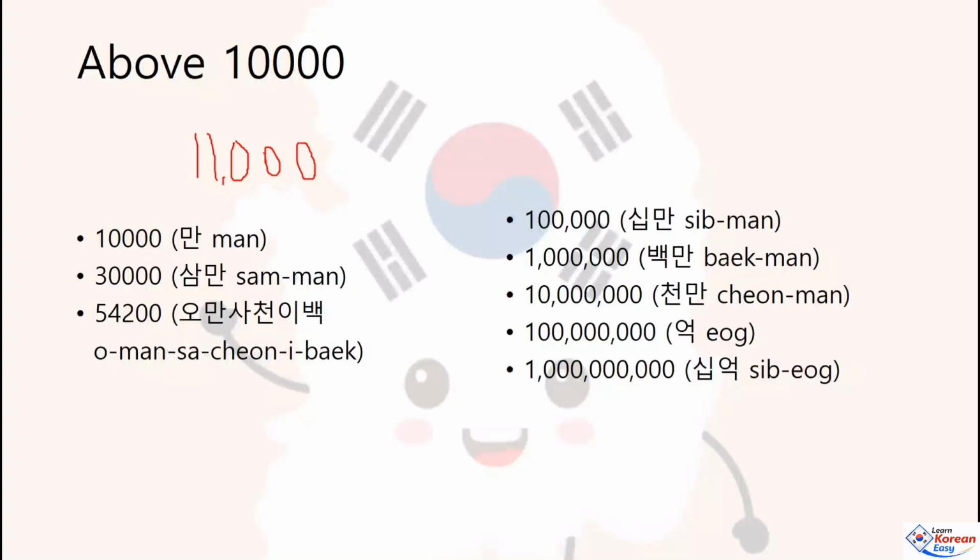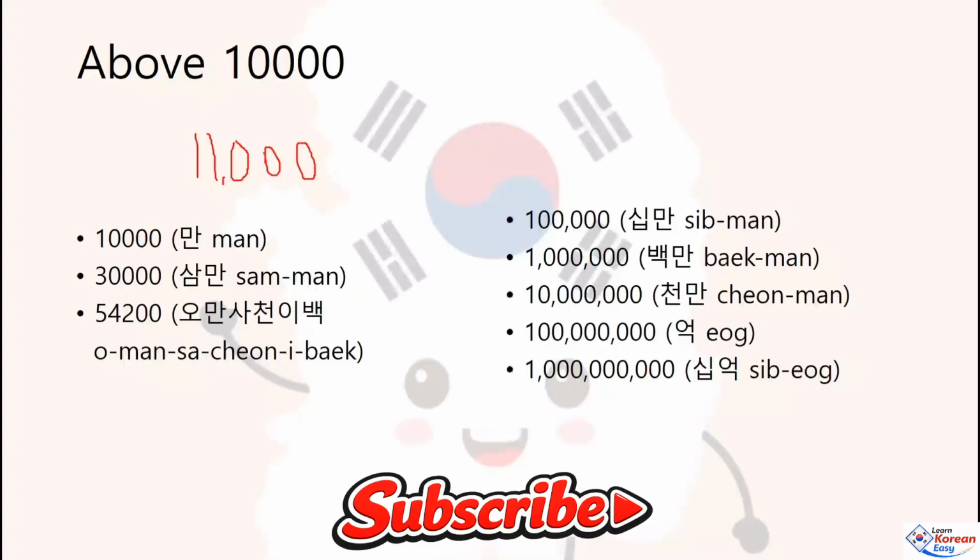Now it's 11,000. So same. 11 in Korean is, remember? 1, 2, 3, 4, 5, 6, 7, 8, 9, 10. 11 is 11. So it's 11만. That's it. Okay, how about 14,000?